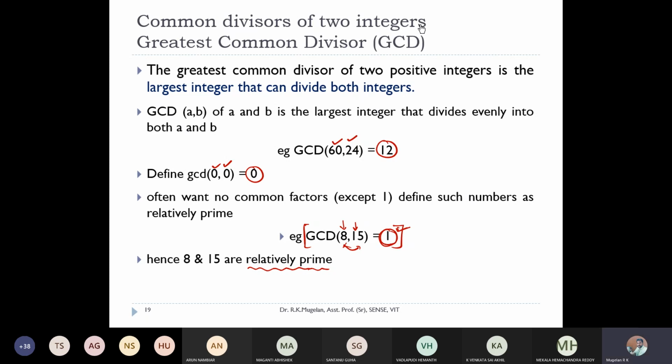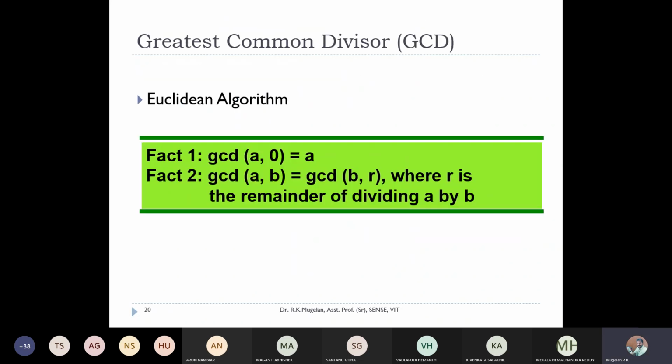Hope I am clear with my question, guys. How will you find the GCD of two integers? Your basic school math. Okay, I'll just show a method.